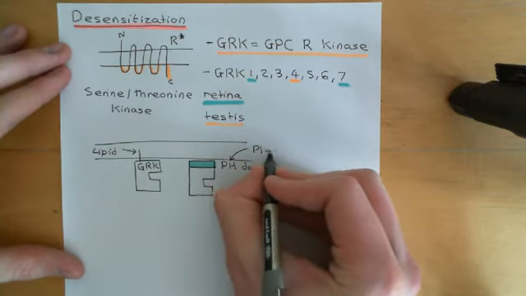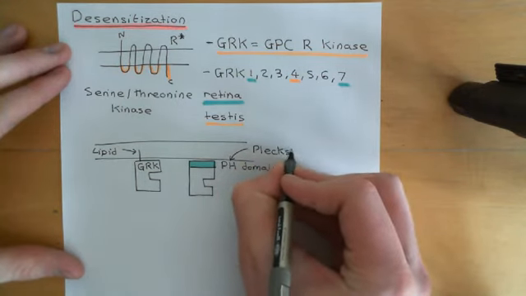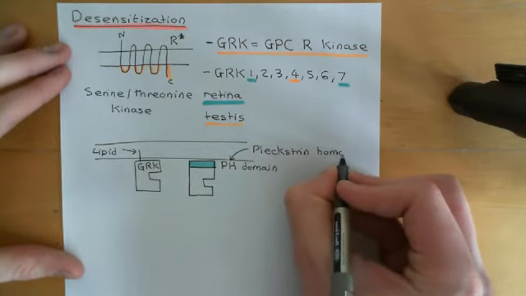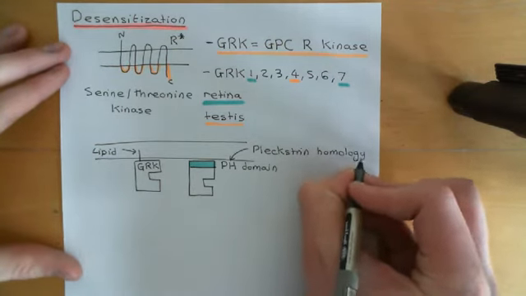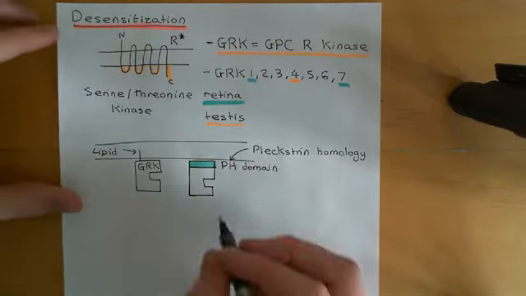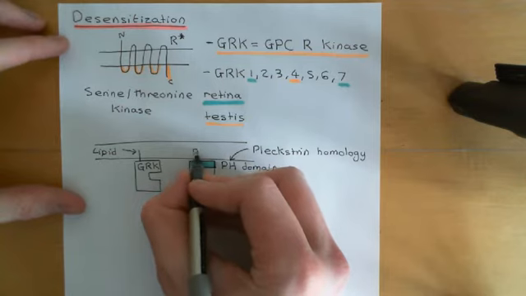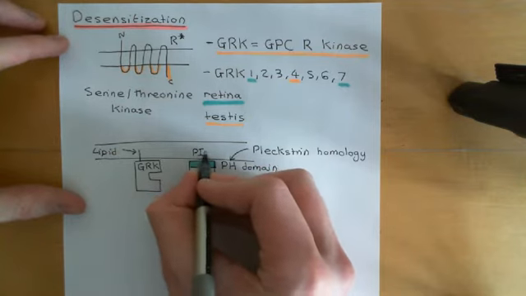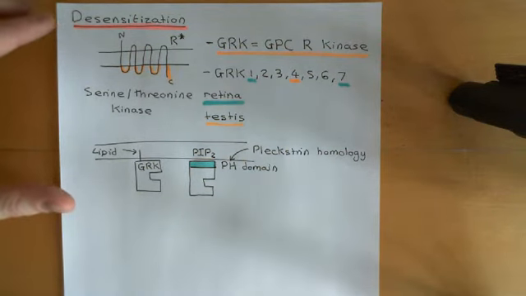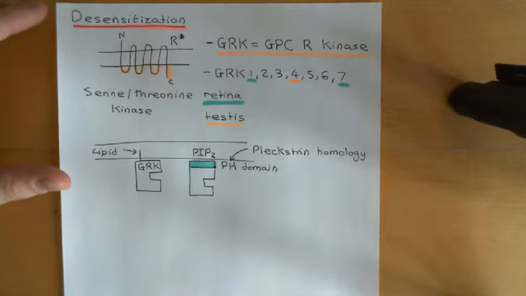Okay, named because it was first found in plextrin. Okay, but it's found in a huge number of different proteins, and it's capable of binding to certain special phospholipids within the phospholipid bilayer, and one of the special phospholipids that it's capable of binding to is PIP2, phosphatidylinositol 4,5-bisphosphate, which is found in the plasma membrane.